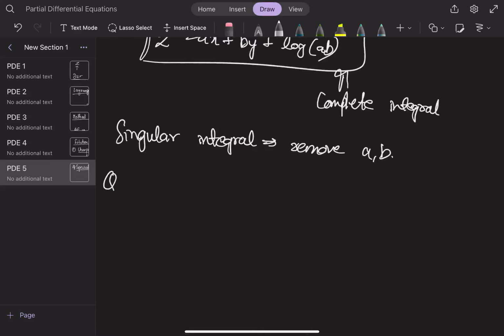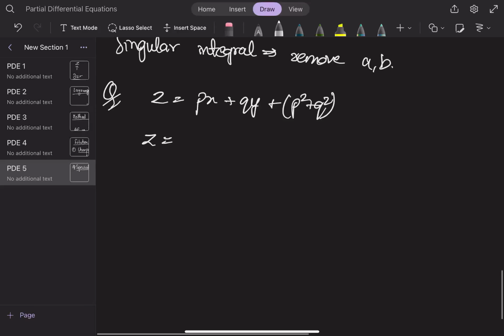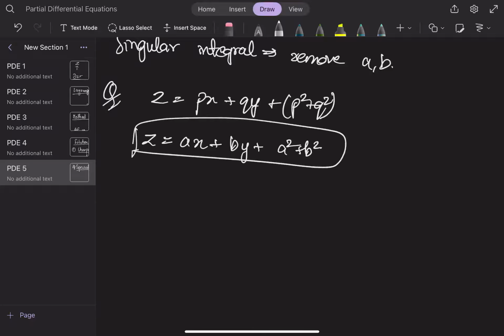So for example, let's take this question. Z is equal to px plus qy plus p square plus q square. So here first I'll just replace p with a and q with b. So ax plus by plus a square plus b square. This is your complete integral.